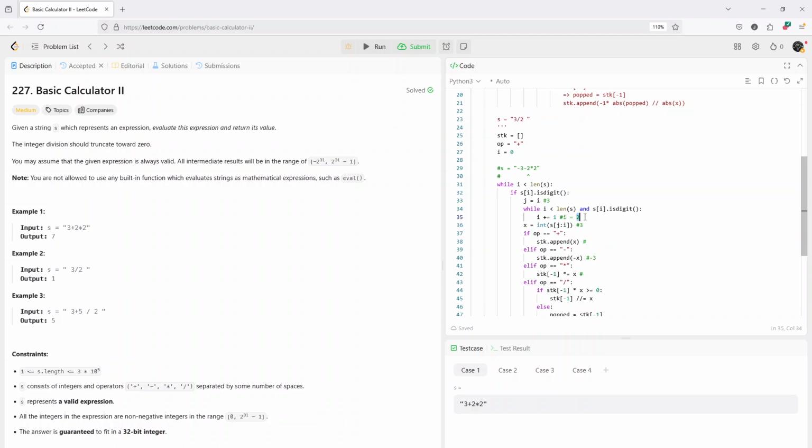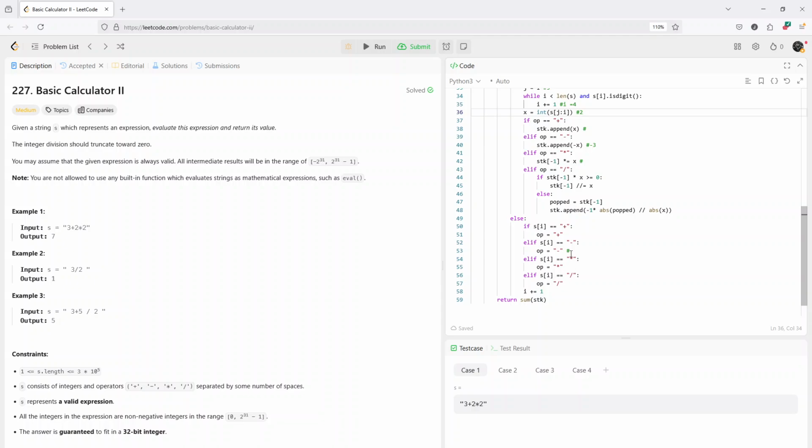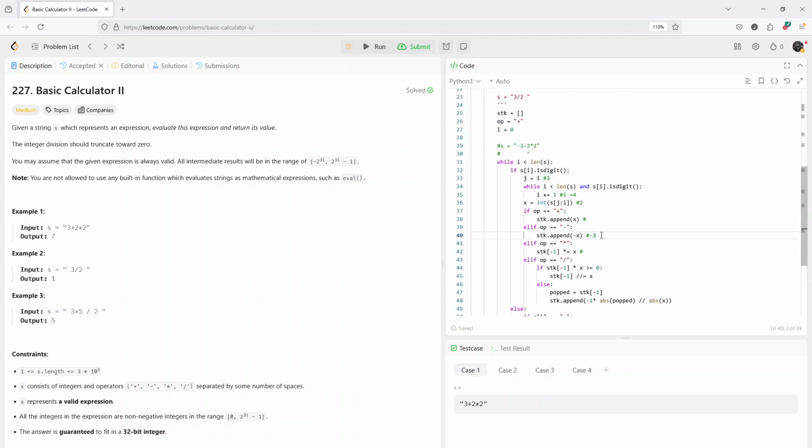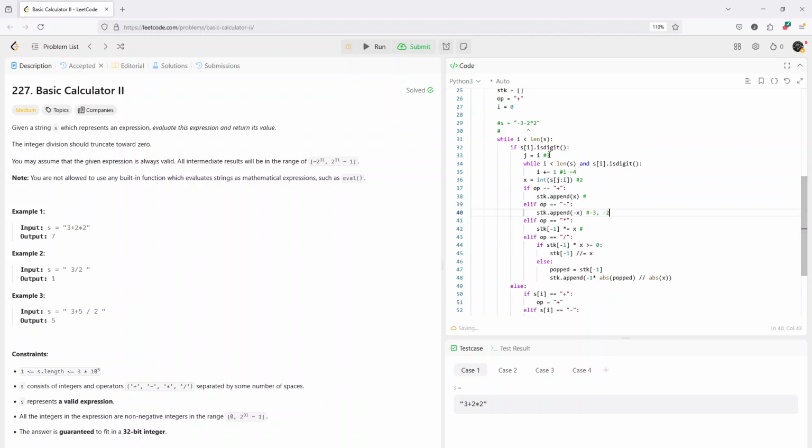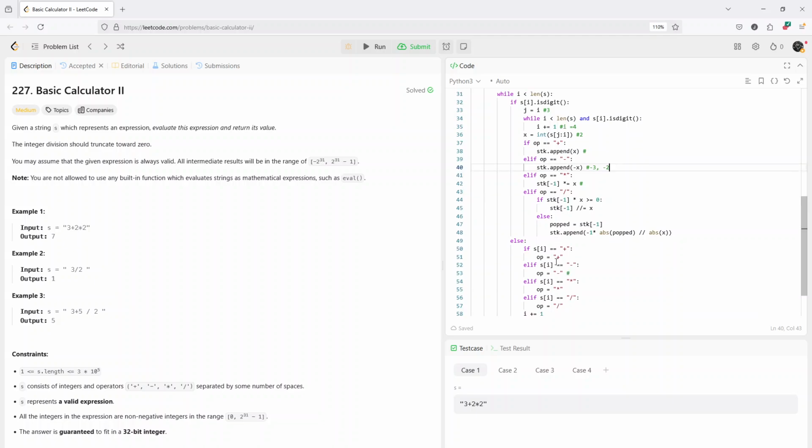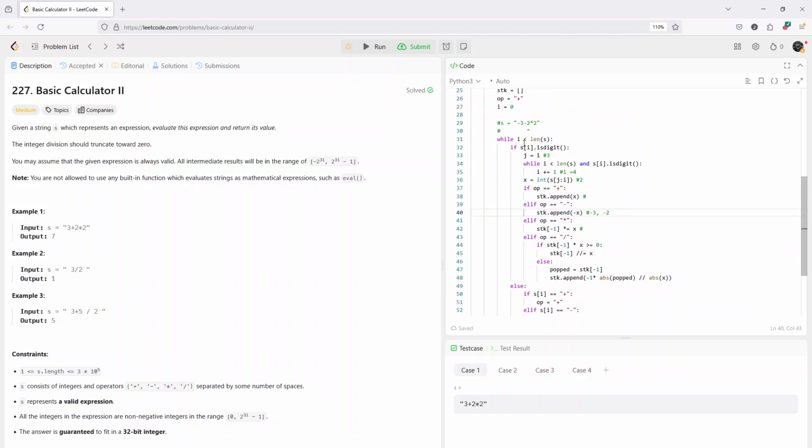So now I is going to be 4. So 1, 2. Oh, so is this the 2? Op was minus, so we do -2 here. And then now I is 4, so we're done with all this. So I is 1, 2, 3, 4.